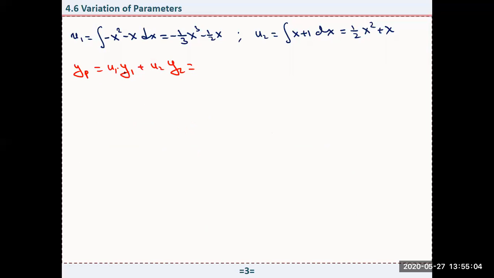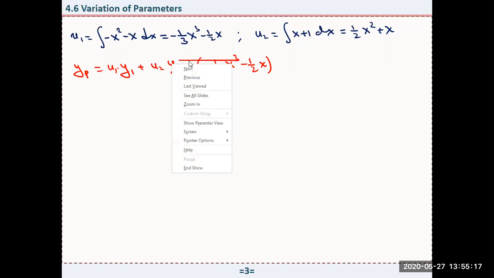So here we know u sub 1 is minus 1 over 3 x cubed minus 1 over 2 x squared. All right, this is fine.